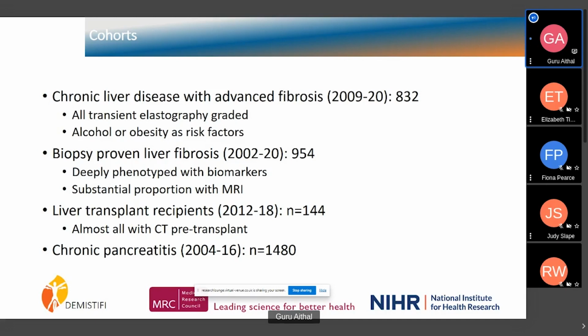From 2009 onwards, we have been focused on a number of different conditions thanks to NIHR, and we have now accumulated a large group of people who have very, very well characterized fibrosis. Many of them have had a biopsy confirming they had liver fibrosis.